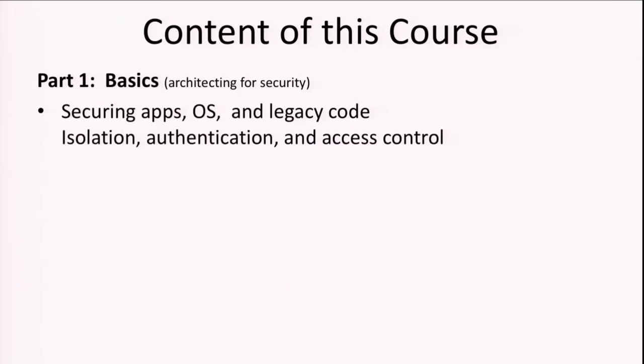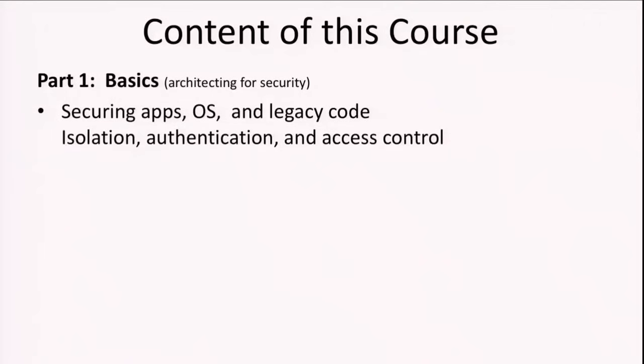In this course, we have 5 parts. The first 3 parts we are going to cover in quite a bit of depth, and the last 2 parts we are going to touch on towards the end of the course. The first part is about basics of security: how do you secure applications, operating systems, legacy code, and various access control mechanisms, isolation, authentication, and things like that.